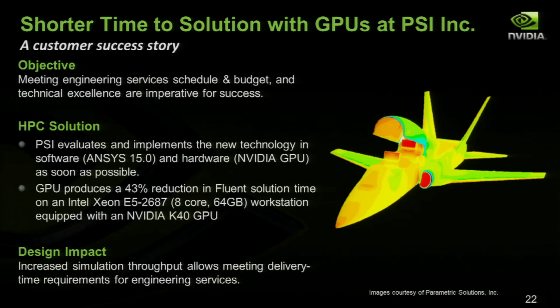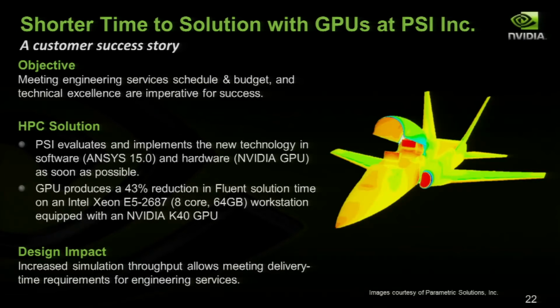Just to highlight a customer story on ANSYS Fluent, this is one of our early customer success stories, which we did with PSI. PSI is an engineering service provider to the aerospace industry with major customers such as Rolls-Royce and GE. Their business depends on delivering excellent technical solutions to their customers, and they always take the latest and greatest, both in software and hardware.